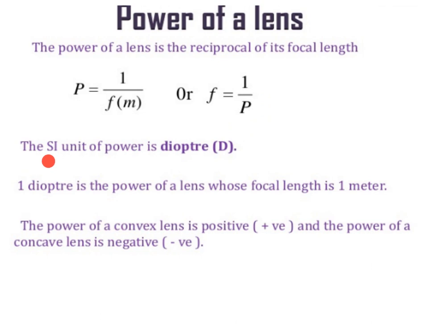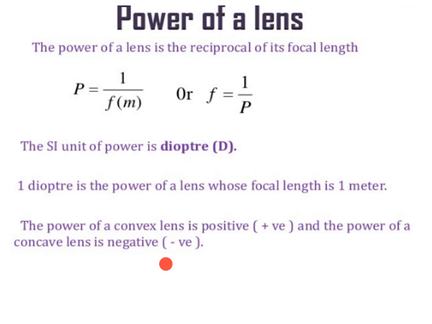The SI unit of power is the diopter, denoted by D. 1 diopter is the power of a lens whose focal length is 1 meter. The power of a convex lens is positive and the power of a concave lens is negative.